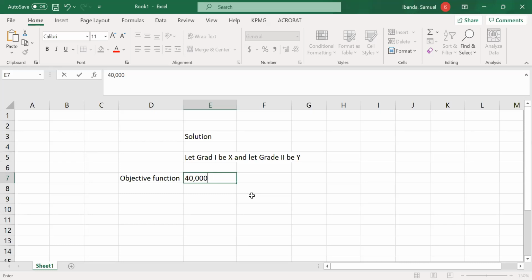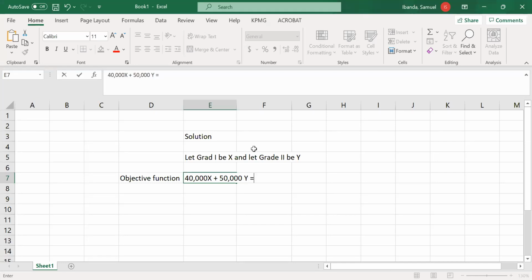So here, let me use X since I've already included that. So 40,000X plus, they also gave me 50,000 for grade 2, so I'm going to include that, 50,000Y.